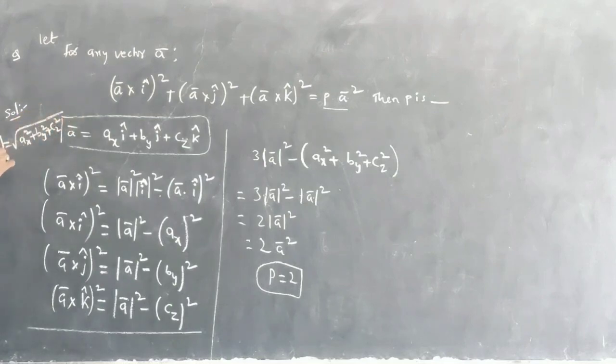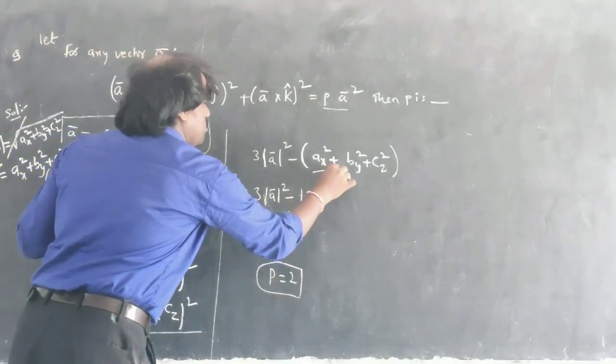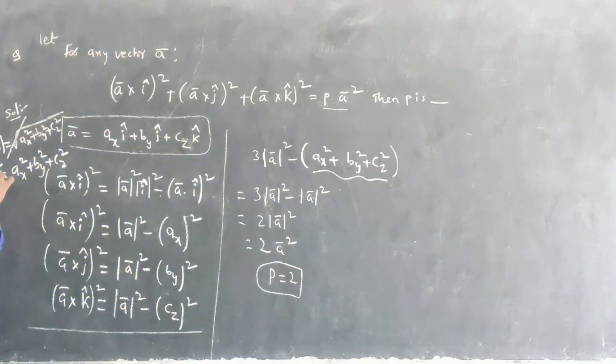Correct? This is mod a. And if I square this, the square root cancels, so the mod a square value will be ax square plus by square plus cz square. That is the reason this value I wrote as mod a square.